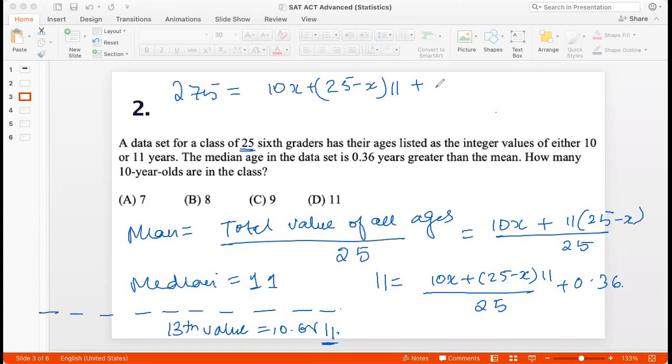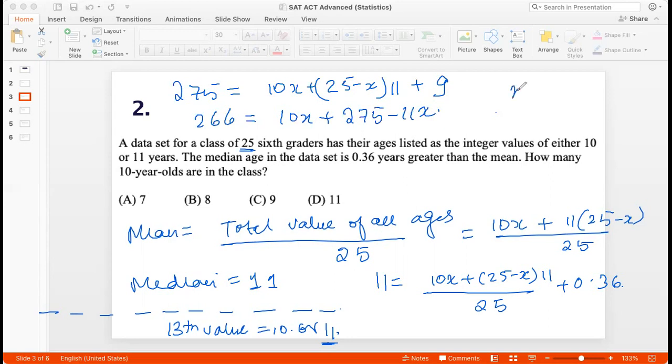What would 25 into 0.36 be? That would be 9. So that's just 9. So what is 275 minus 9? That's 266. 10x plus 25 into 11, which is 275, minus 11x.